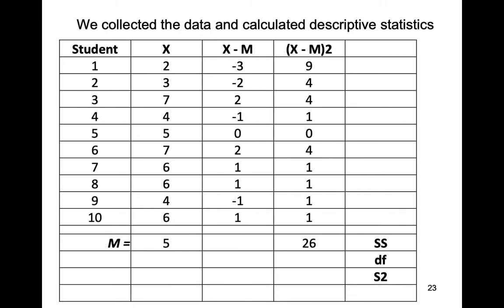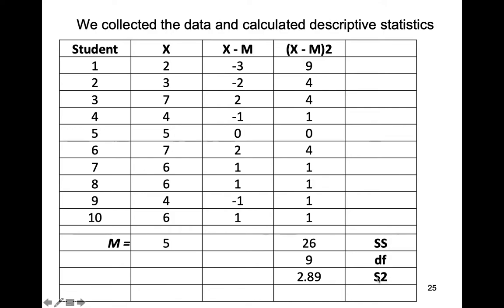Everything up to this point has been exactly the same as we've learned how to calculate a standard deviation. The only change is that now we're going to divide by n minus 1, which is 9. So we have 10 scores. Instead of dividing by 10, we're going to divide by 9. And that's going to give us a variance of 2.89.